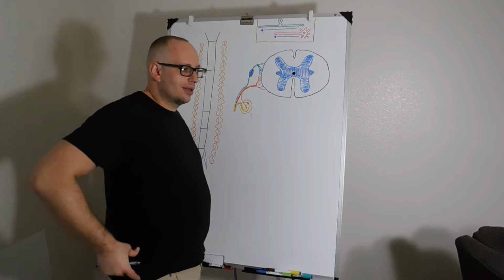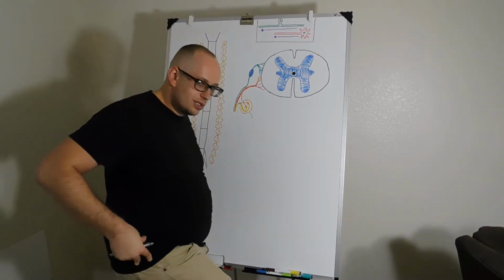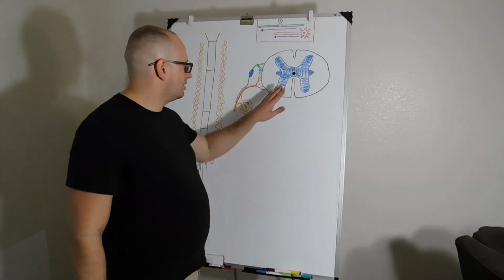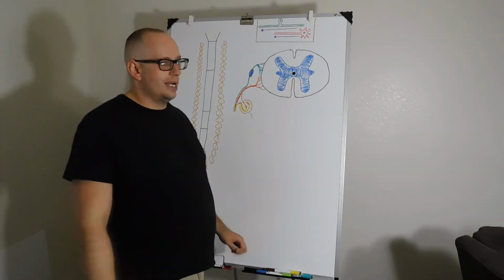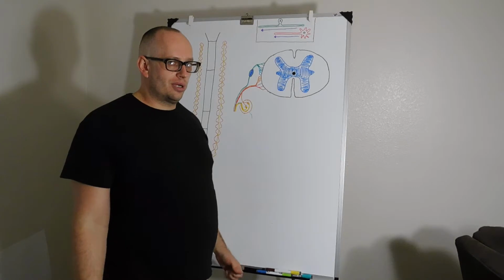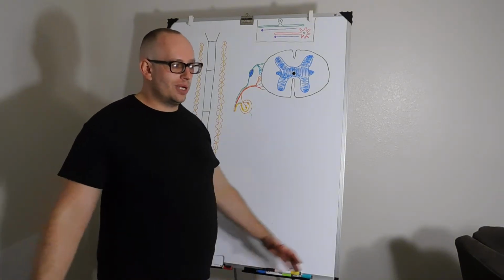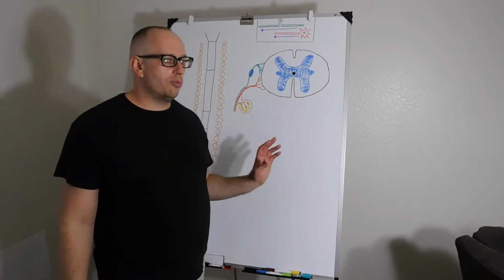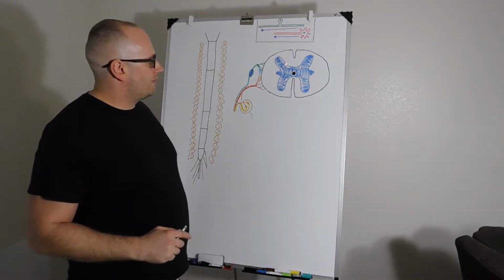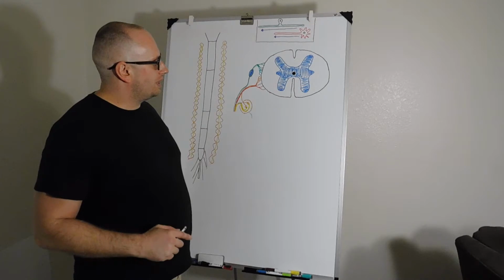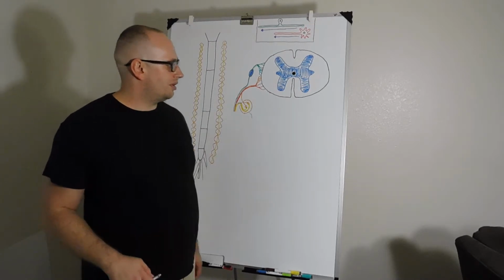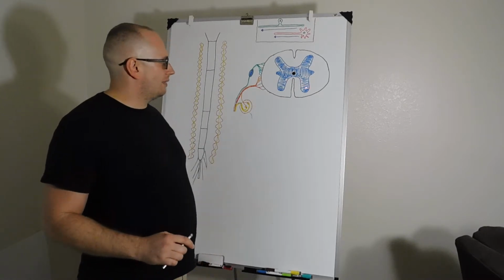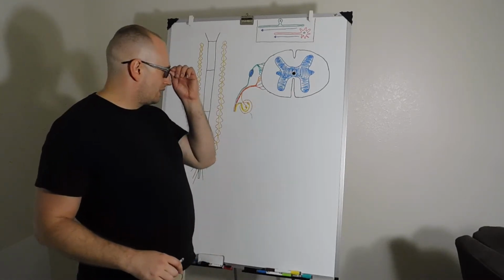So like this kind of movement versus this kind of movement, or even the movement of my wrist isn't necessarily in the medial part. It's going to be more like my shoulders, the way that we can shift our weight right away, versus delicate movements. The delicate, controlled, fine motor movements are going to be more on the lateral parts of the gray matter in the ventral part here. So that's kind of how that's laid out.